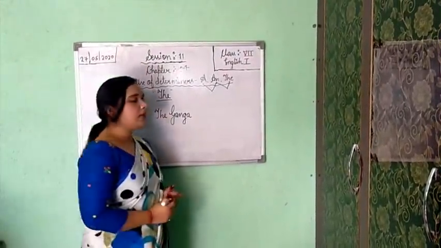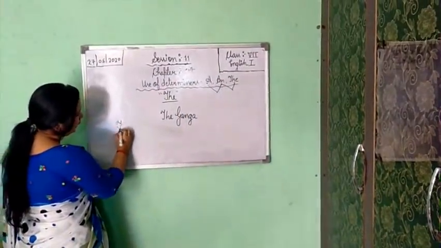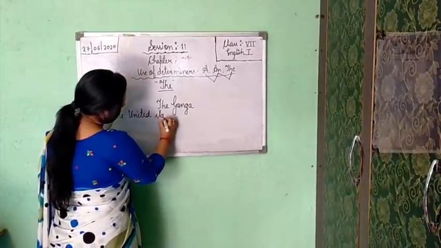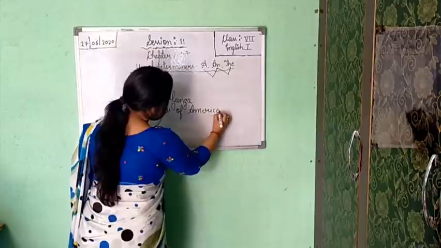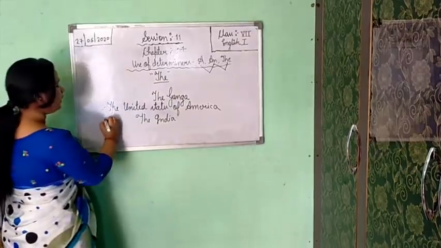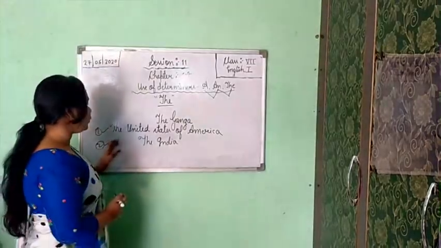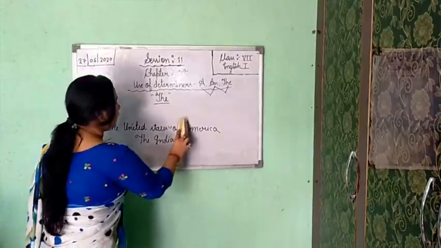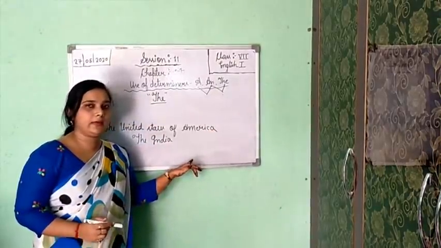Now the next is, if you are getting the name of a country, for example, see: "the United States of America" and "the India". Just tell me, in this first and second, which one is correct, which one is incorrect. I have written two things, "the United States of America", and in the second I have written "the India". So whether this one is correct, or this one is correct, or both are incorrect.